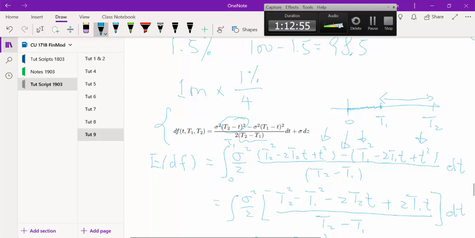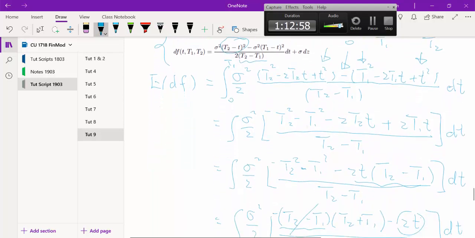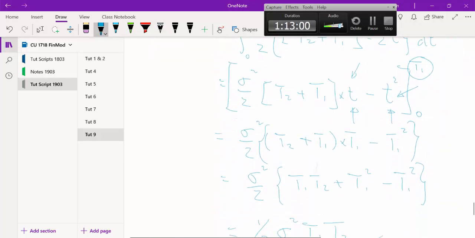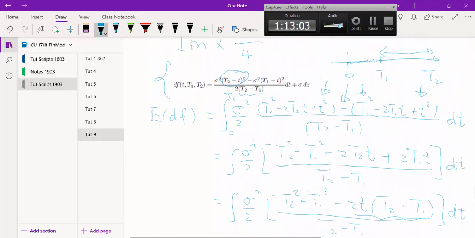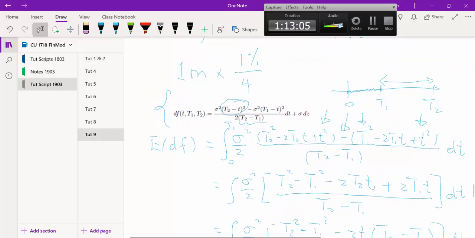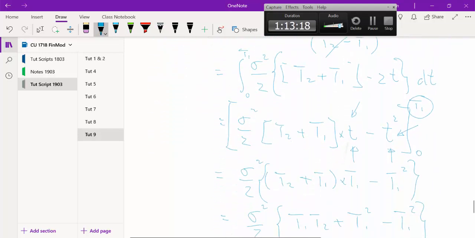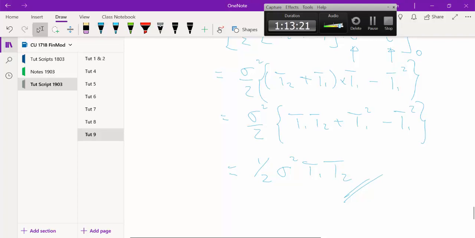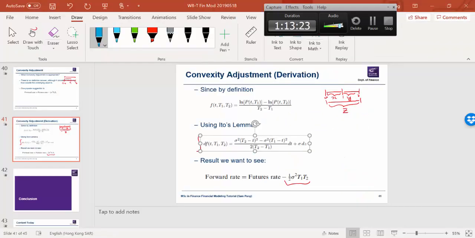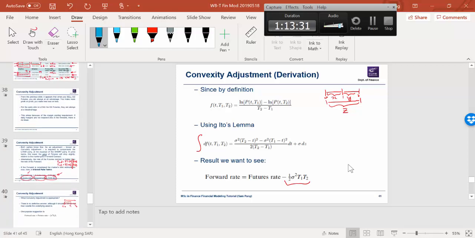And then I simply say to you that if I can take expectation on the change of the differential, and then when I integrate that, so that in the end I'm trying to determine how does it change over time, and I want to be compensated for that potential change. And then this is the result, okay? So this is why people suggest that the convexity adjustment ought to be a half sigma T1, T2, okay?